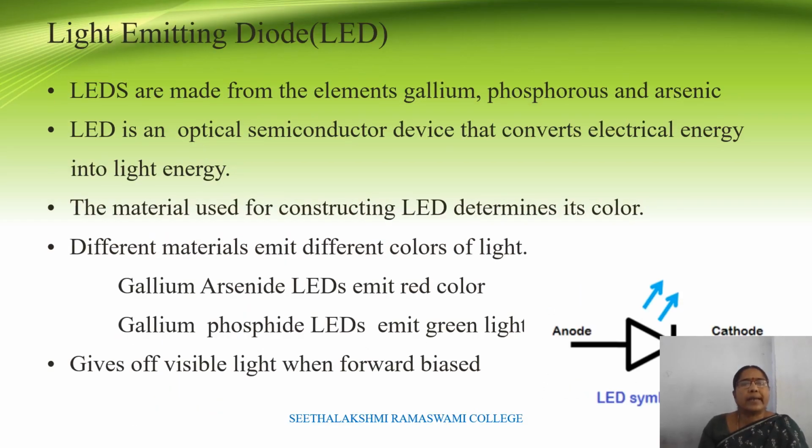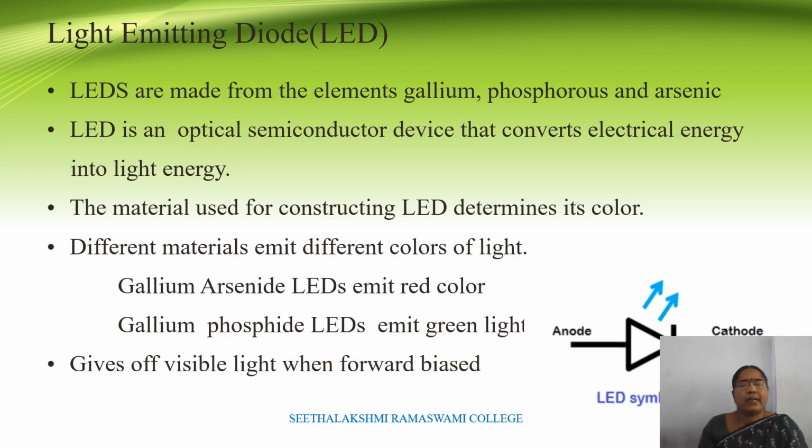Next one is the light emitting diode. A light emitting diode is used to emit light when it is forward biased. This diode is made from gallium, phosphorus and arsenic materials. LED is also called an optical semiconductor device, and it is used to convert electrical energy into light energy.